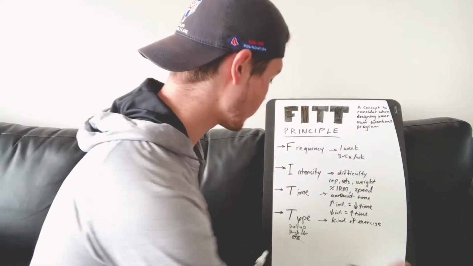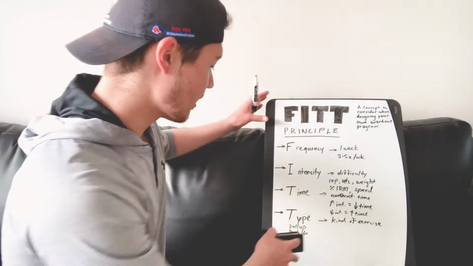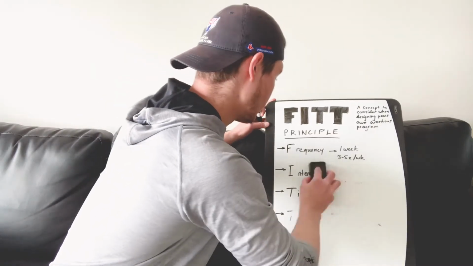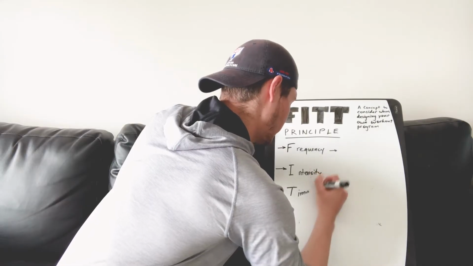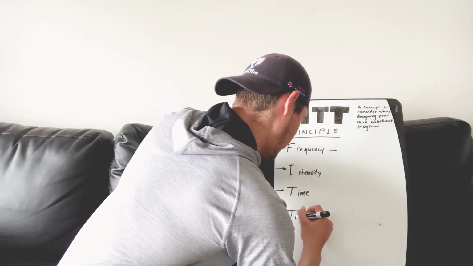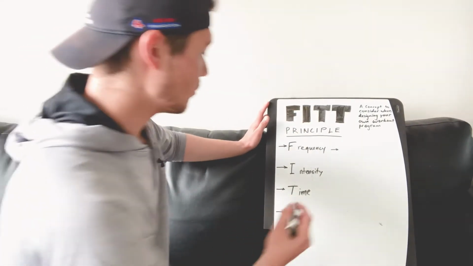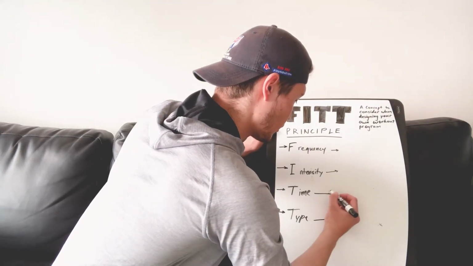So what we're going to go over next is a quick example of how we can build this into our plan. I'll probably go over this in a later video, but let's say your goal is hypertrophy.